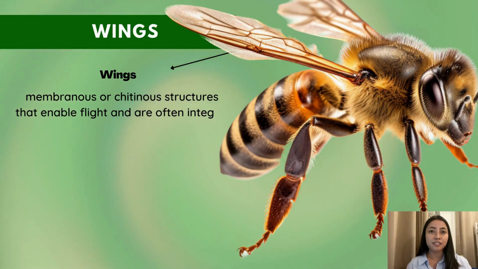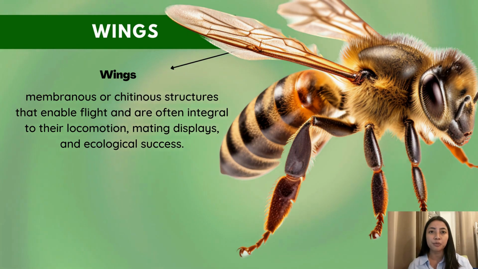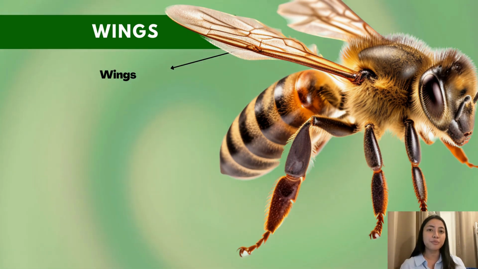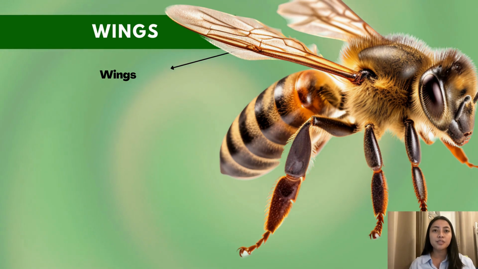Next, we have the wings. They play a crucial role in identifying and characterizing arthropods by providing information about their mode of locomotion, habitat, and behavior. Arthropods with wings are typically insects, and the presence, absence, or structure of wings can be key diagnostic factors.